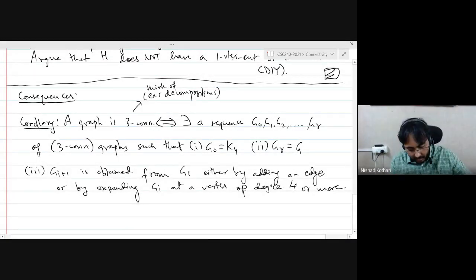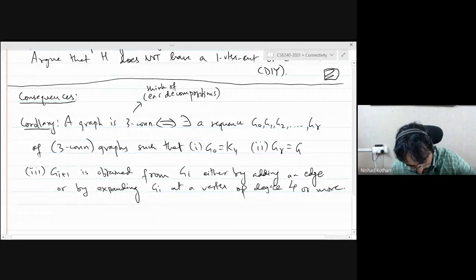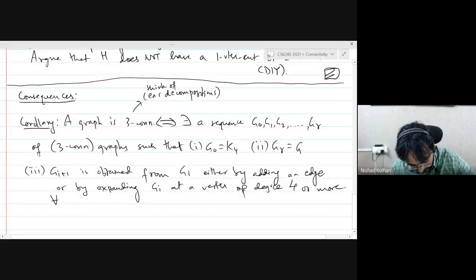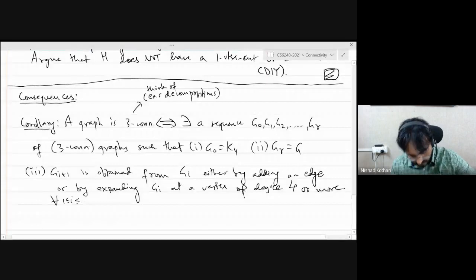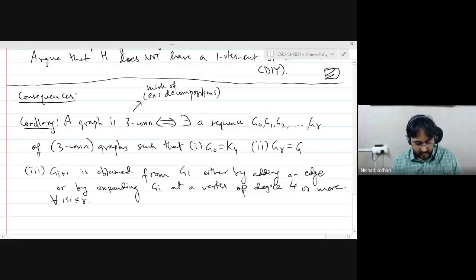And if you want to think about it in the reverse direction, this is for all I, 1 less than or equal to I, less than R. So in particular, G2 is obtained from G1, G3 is obtained from G2, and so on until the last one.